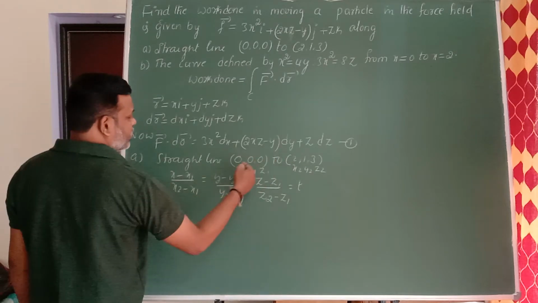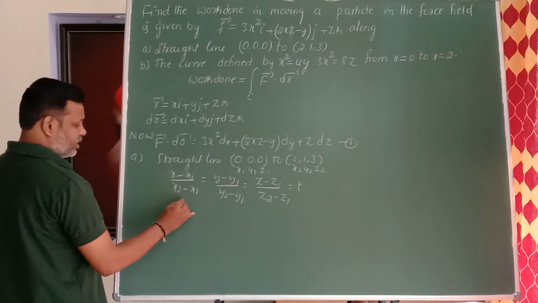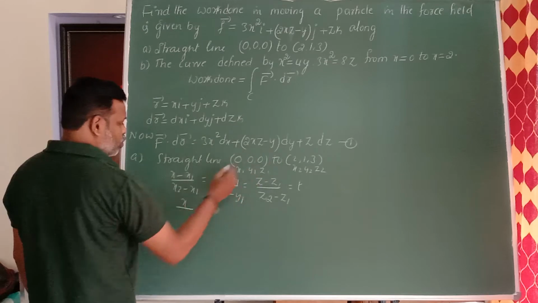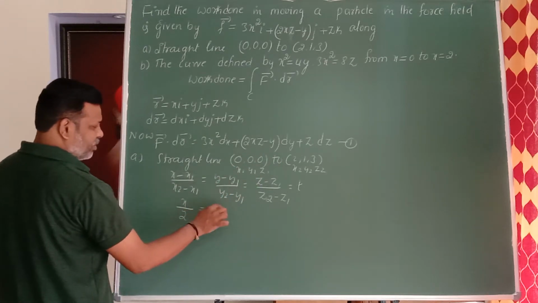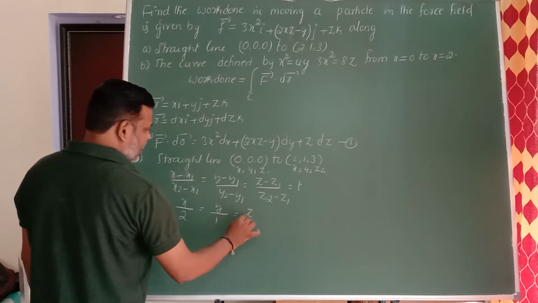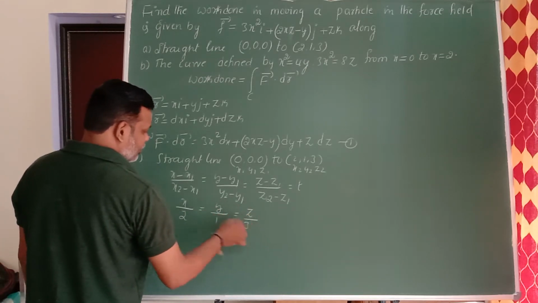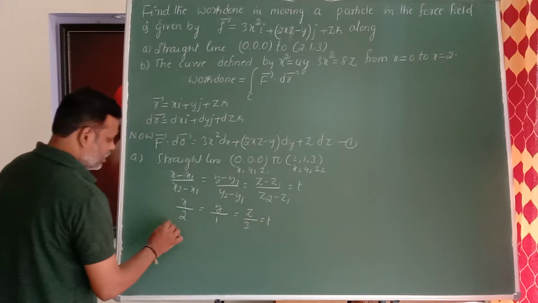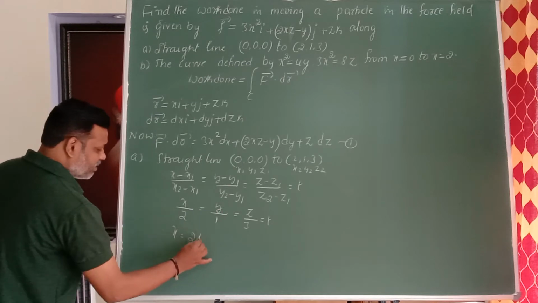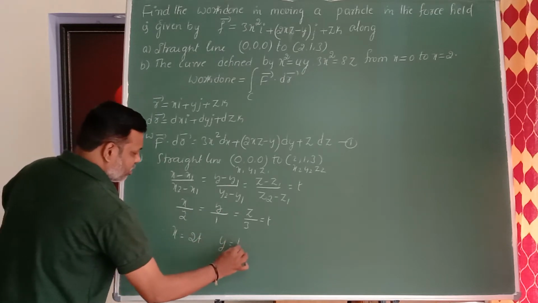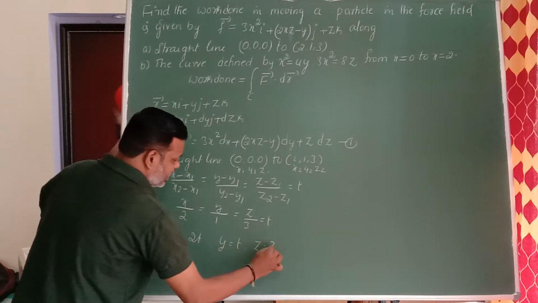Now have a look at this. Substitute here: x minus x1, that means x minus 0, x divided by 2 minus 0, which is 2. Similarly y minus 0 divided by 1 minus 0 is equal to z divided by 3. So that is equal to t. Therefore, we can write x is equal to 2t, y is equal to t, z is equal to 3t.